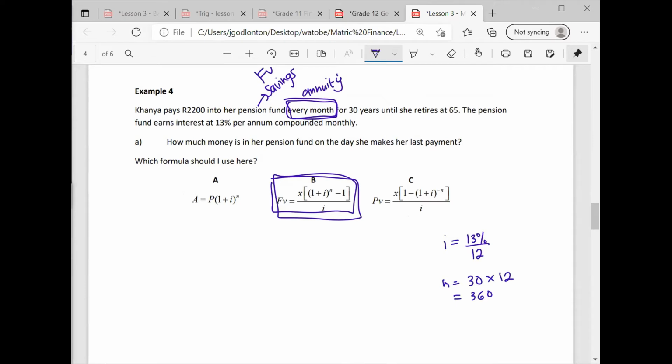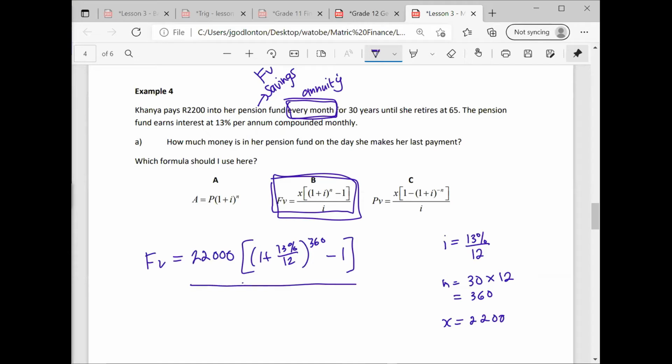The X value, that's our monthly payment, is 2,200 Rand. And so then we get to just chuck it into our formula. So our X value, 2,200, then we're going to have 1 plus i, which is 13% over 12, to the power of n, which is 360, minus 1, all over i, which is 13% over 12.